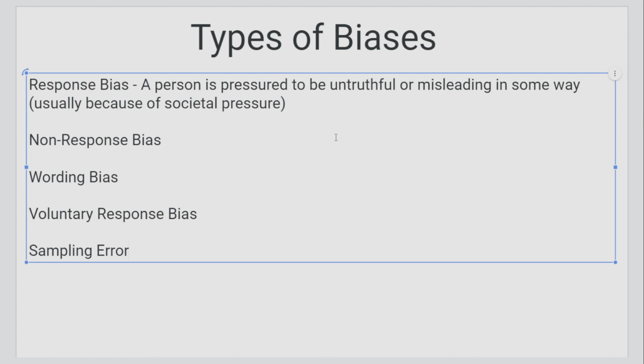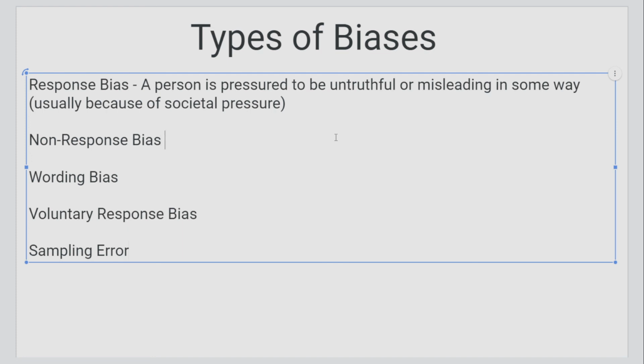And so this would be considered a response bias in that there's pressure there to not be truthful, right? This can also be with experiments, like if a person acts a certain way because that is how society wants them to act. That would also be a response bias, right? You're recording a response, but that's not really what they want to do, right?